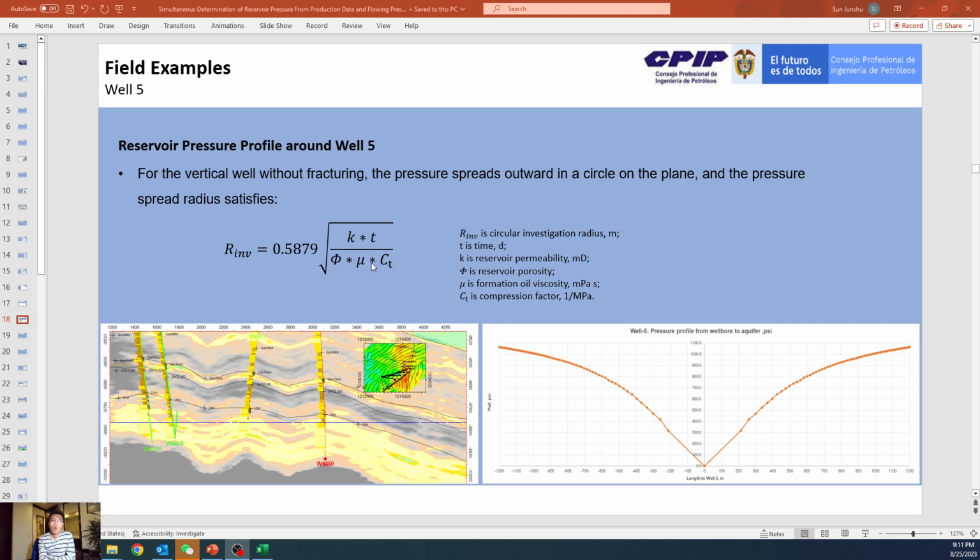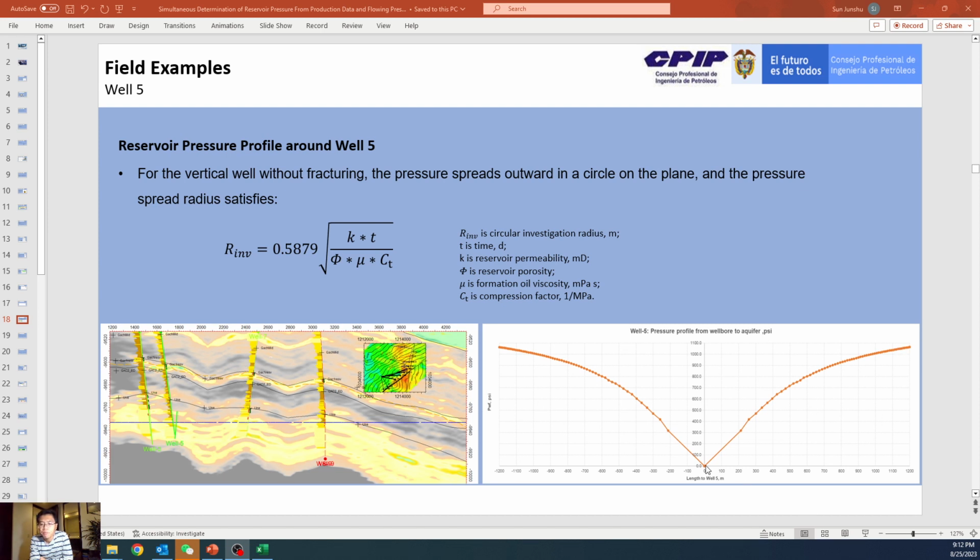Then we can convert the time into the radius of investigation. Using the equation, we can generate the pressure profile from the wellbore to the aquifer.